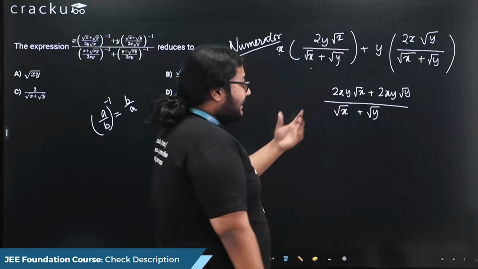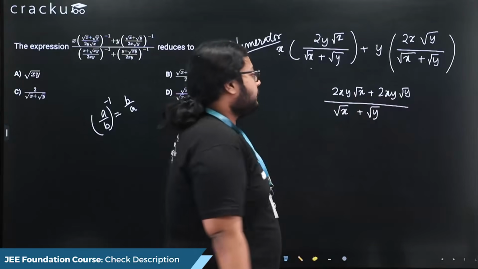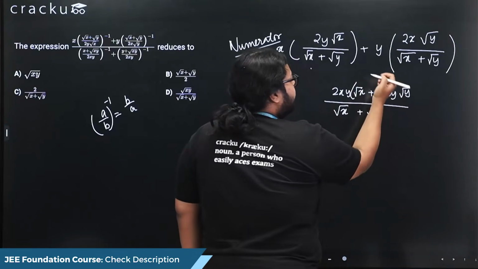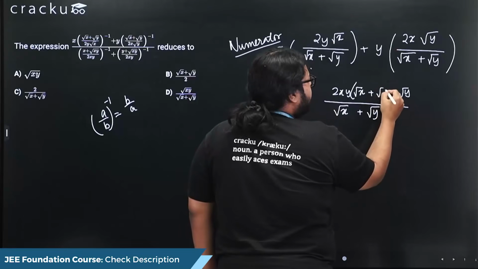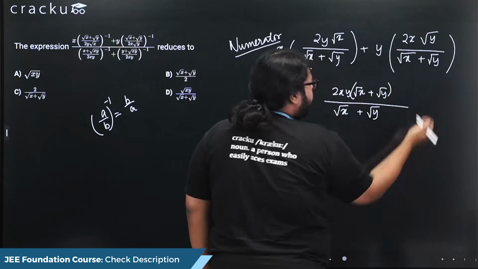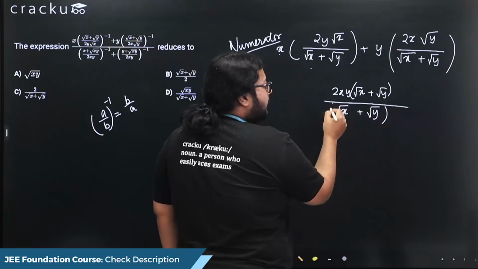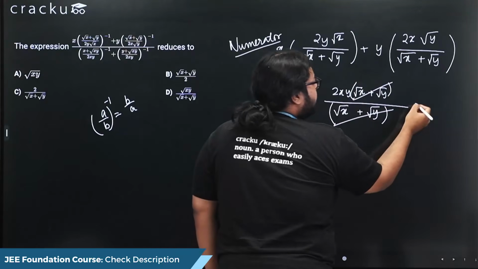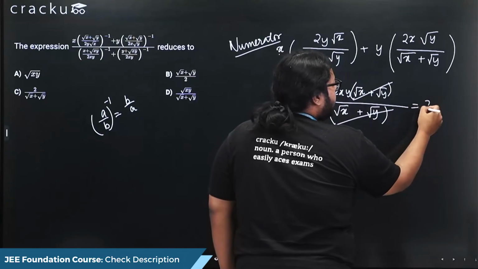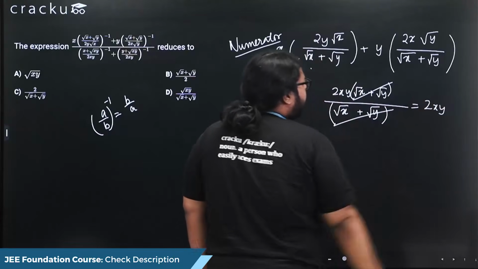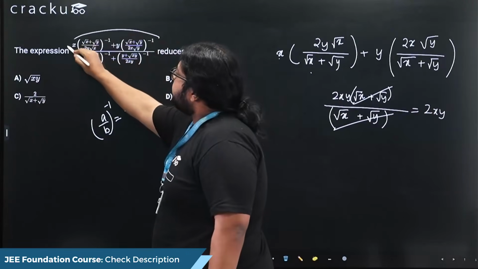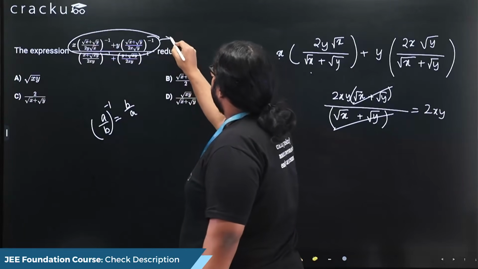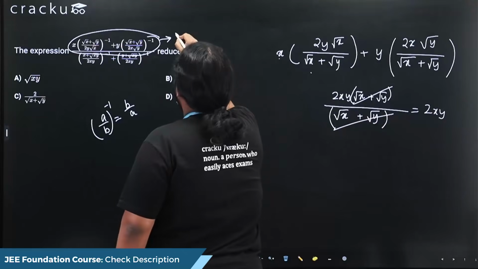So I can again take 2xy common from both of these, and I'll essentially be left with 2xy times root x plus root y. Now root x plus root y, I can cancel. So the numerator essentially becomes just 2xy.